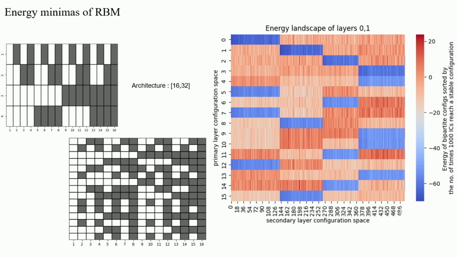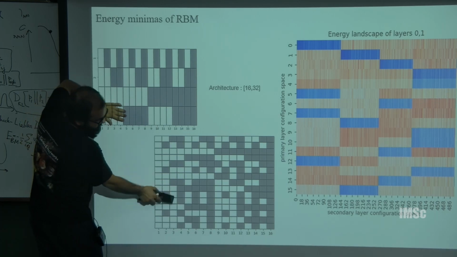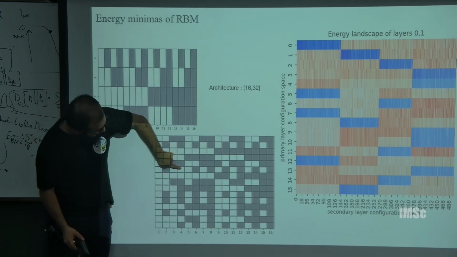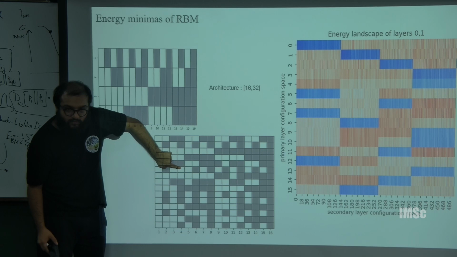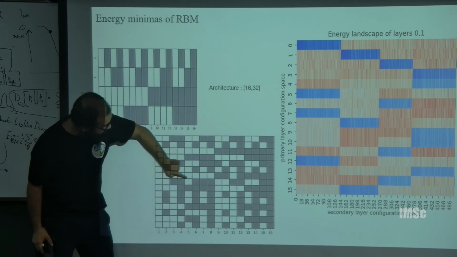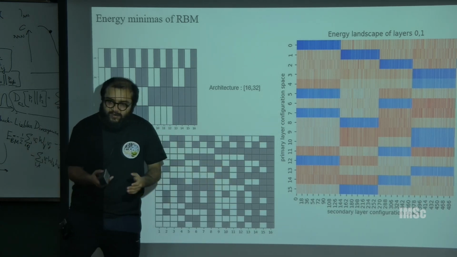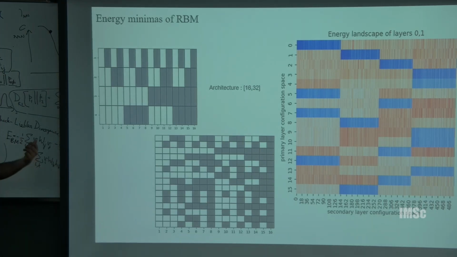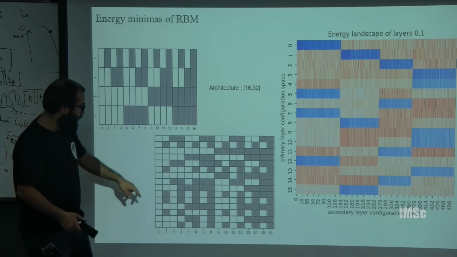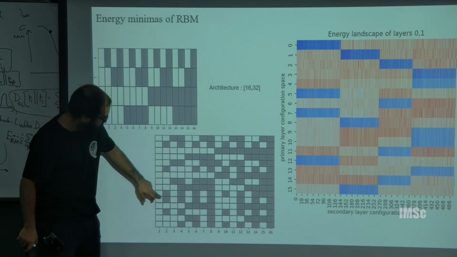So you can see the top one over here is exactly this, the second one is exactly this, the third one is exactly this, the fourth one is exactly this. Then for the others, there's one mutation over here, and one mutation over here. These are very close by because of the temperature in the updating scheme. That's why you have these single flips, but they're still in a particular minimum, just moving around a little bit.